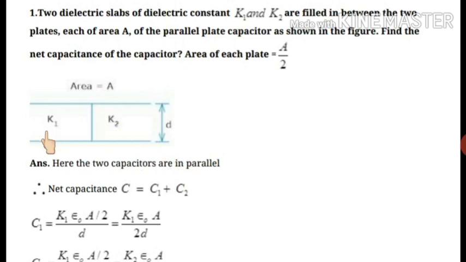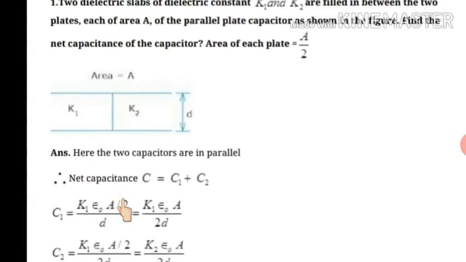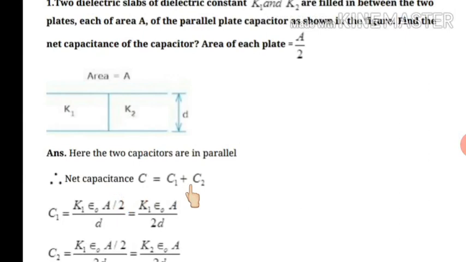One has a dielectric slab whose dielectric constant is K1, and the other has another dielectric slab whose dielectric constant is K2. For a parallel combination, the net capacitance is C equals C1 plus C2. So this is how we can calculate the net capacitance.